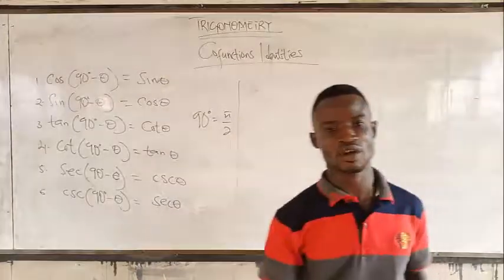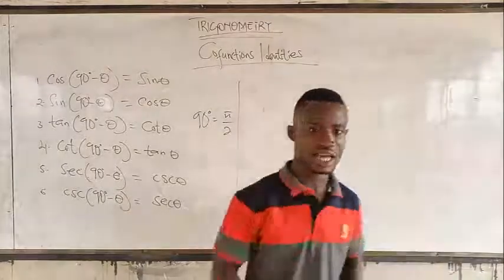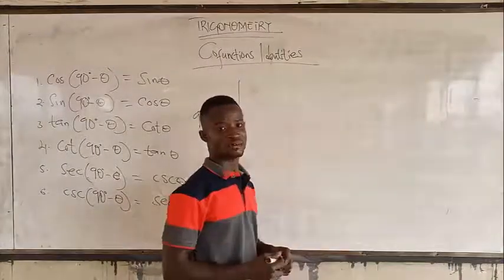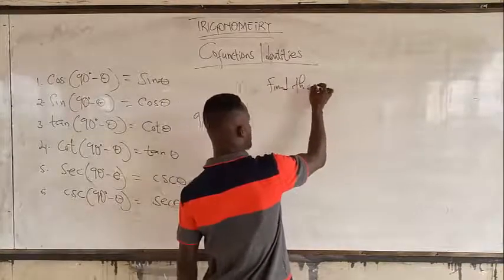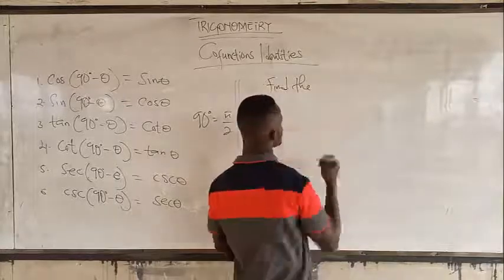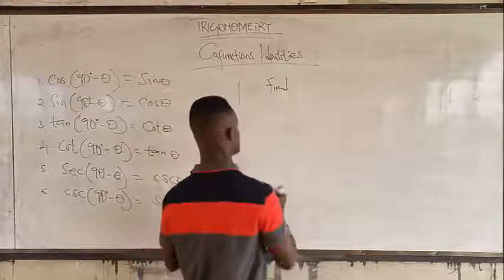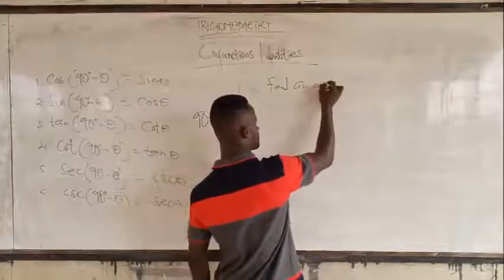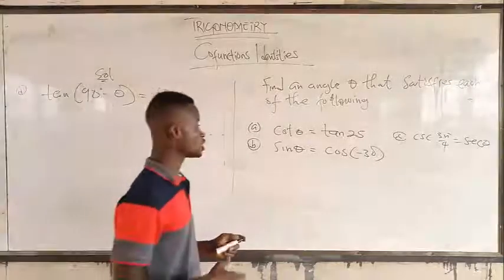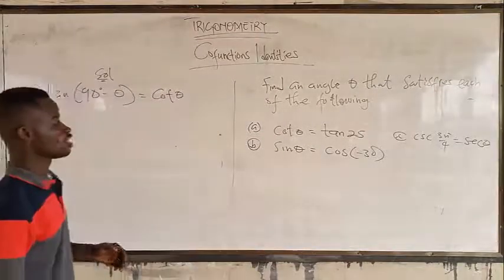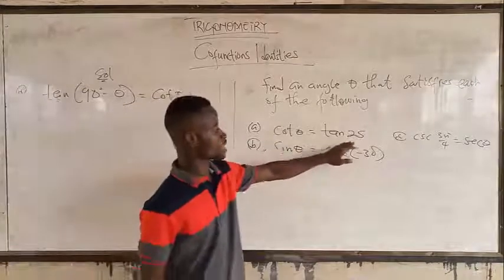We are still looking at co-function identities. In our first example, we have to find an angle theta that satisfies each of the following. The first question: cos theta equals tan 25.